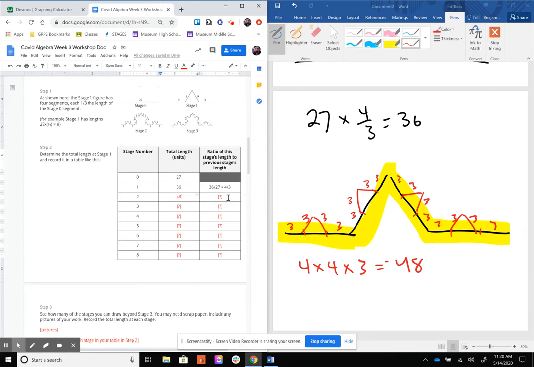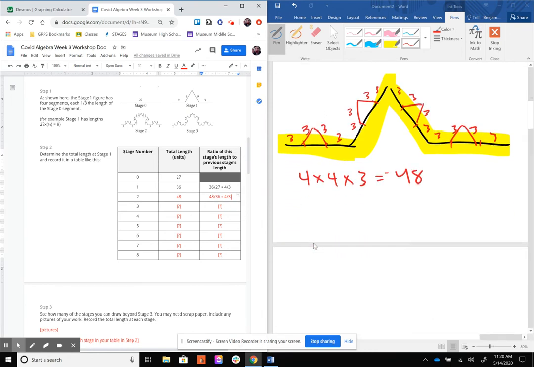And if I take 48 divided by 36, that's going to give me the same ratio, 4 over 3. Simplify 48 over 36 by dividing by 12, and I get 4 over 3.